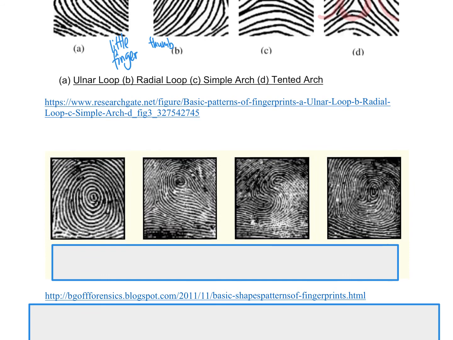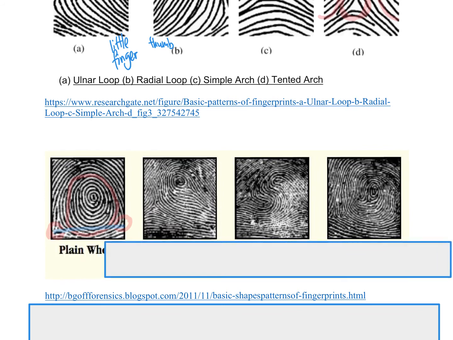If you look at the recurring ridges, and where's the delta? The delta is here and here. So you will notice that when you draw a line, it cuts across the recurring ridges. So this is a plain whorl.